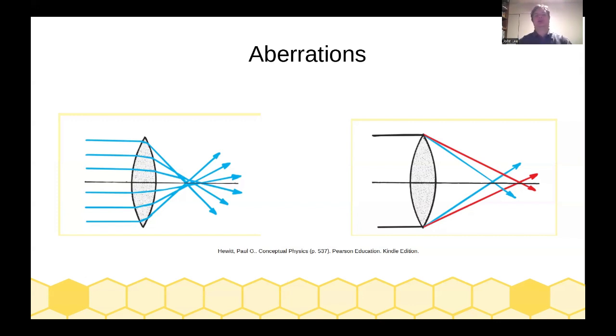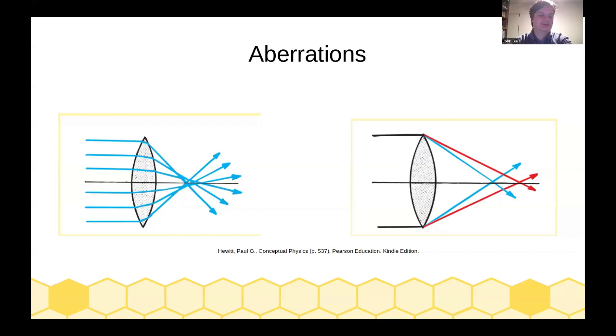A harder problem is chromatic aberration, where different colors are going to go through the lens at different angles because, as I said, light does not have a constant speed inside of an object.